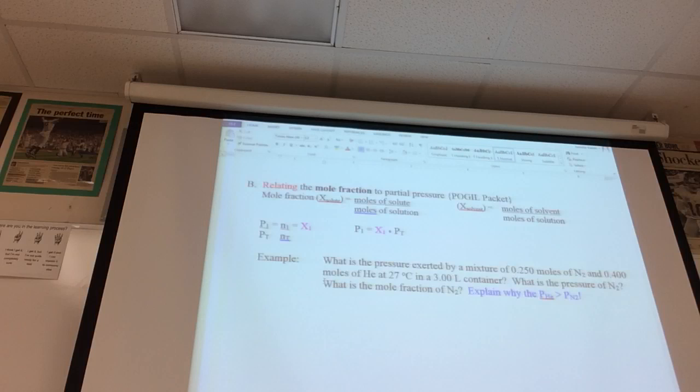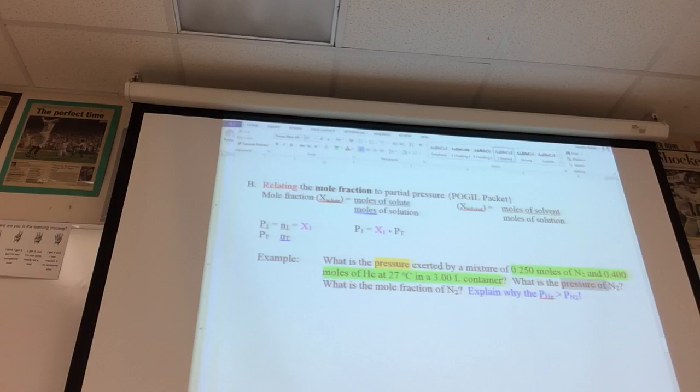Let me walk you through a few examples. The math is useful. The explanation is the key to being successful in AP Chem. In this example, it says, what's the pressure exerted by a mixture of gases? So you want to know the total pressure. That's the first thing you're looking for. They give you moles of the two gases, as well as the temperature and the volume.